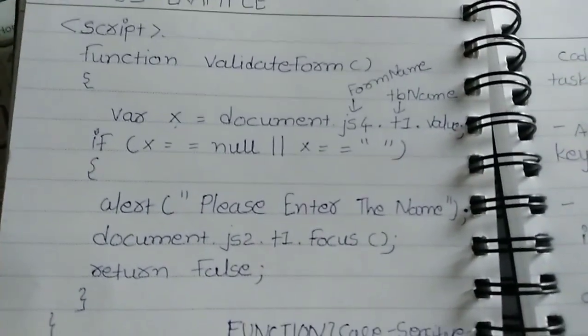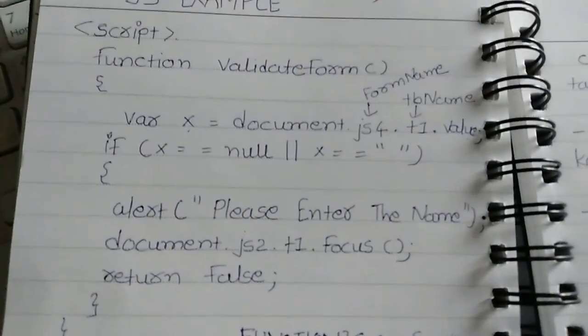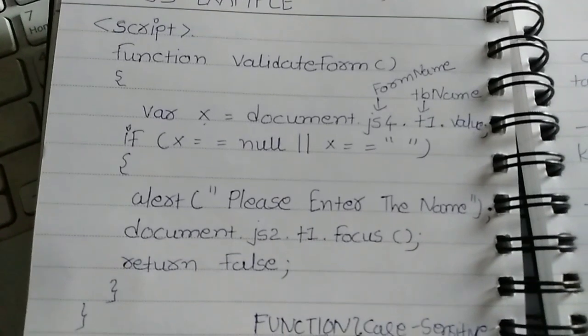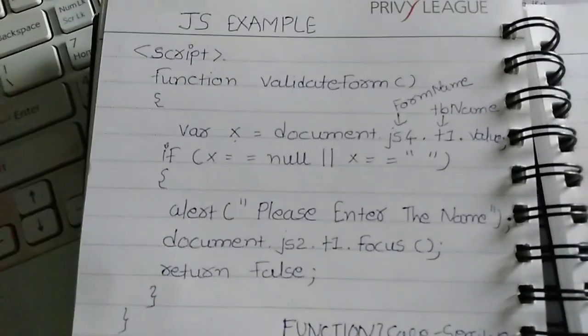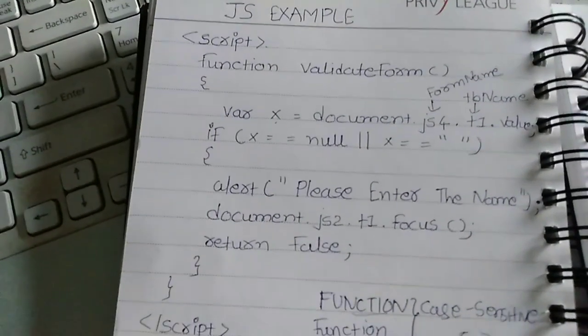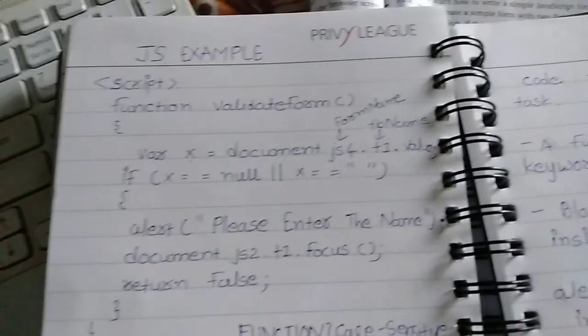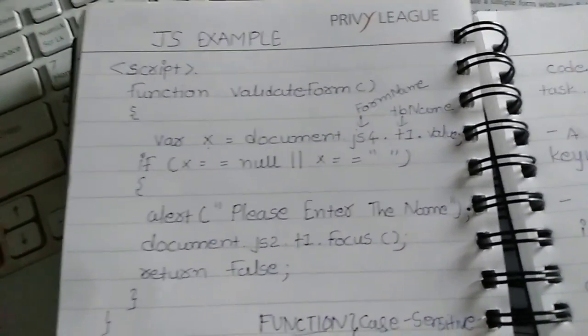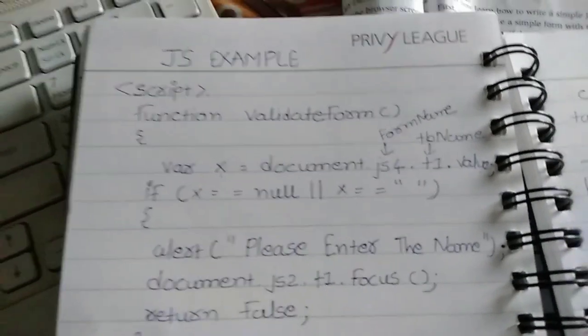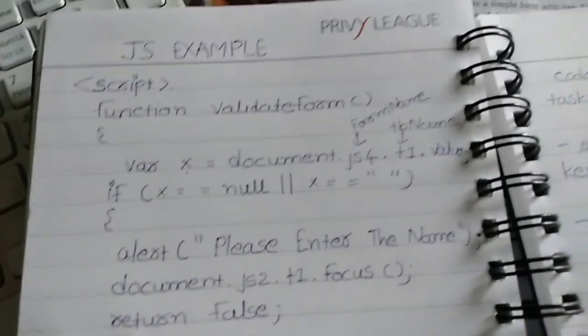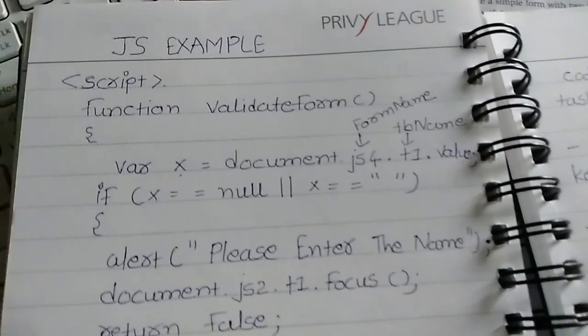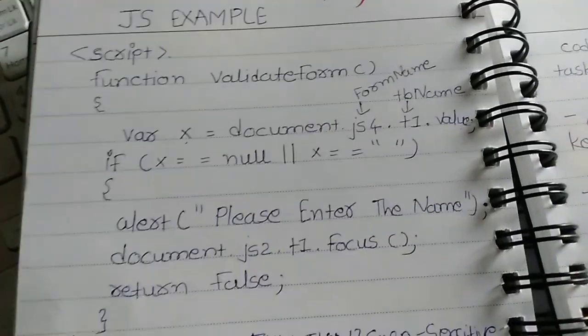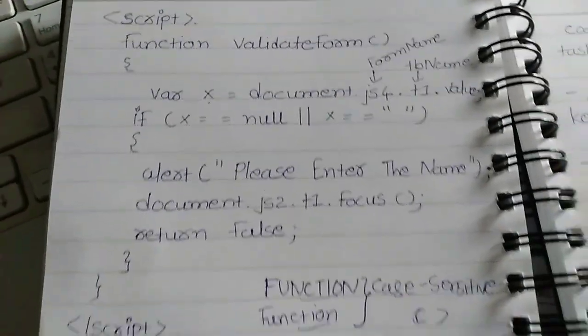If you want to write a heading, you write it in the head tag. If you want to apply a title, you write it in the title tag. If you want to display any message, code, suggestion or comments, you write it in the body tag. Similarly, if you want to write JavaScript, you write it inside the script tag.